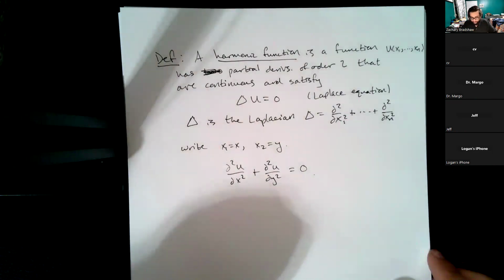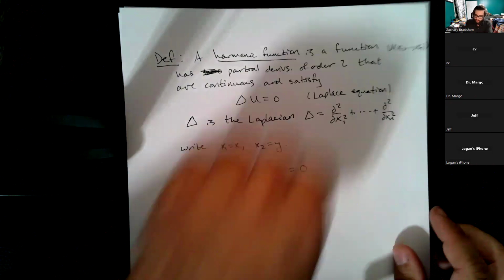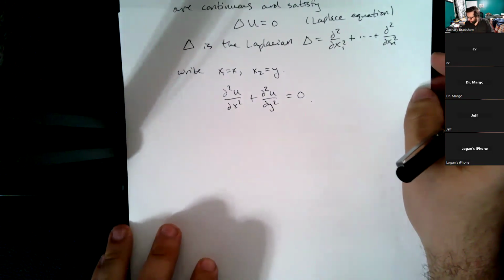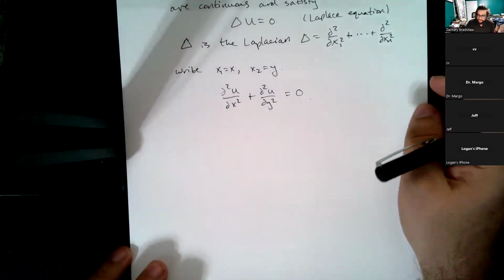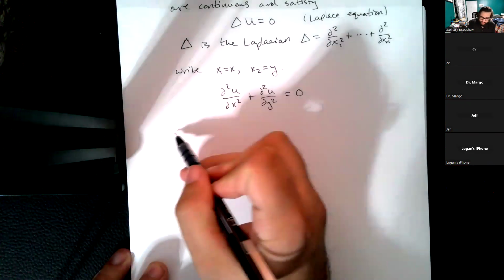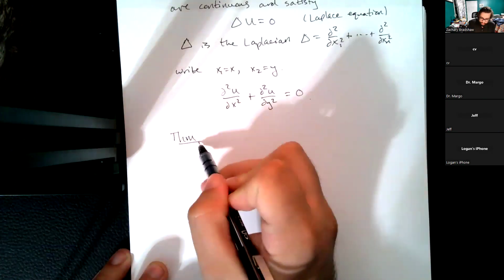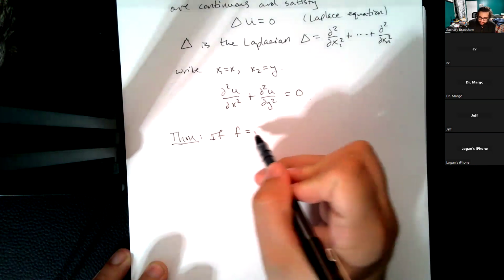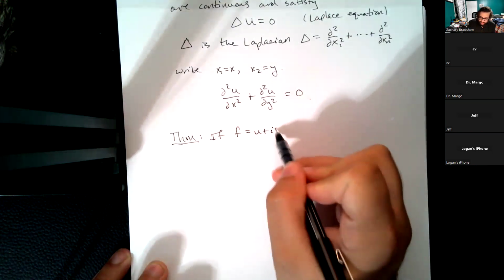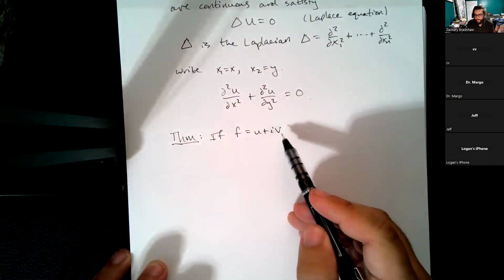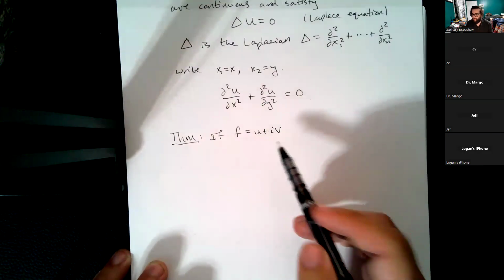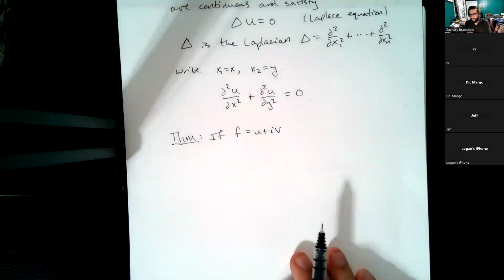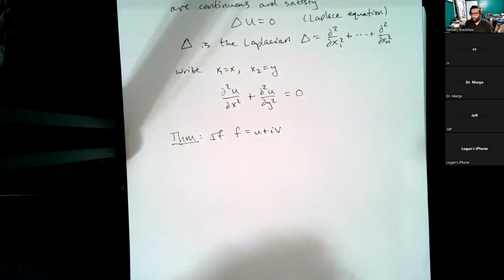So what can we say about these harmonic function guys? Well, actually, what I'm going to do is say something about analytic functions. If f, so remember we can write this as u plus iv, where u and v are both real functions of the two variables x and y, the real and imaginary parts of z.